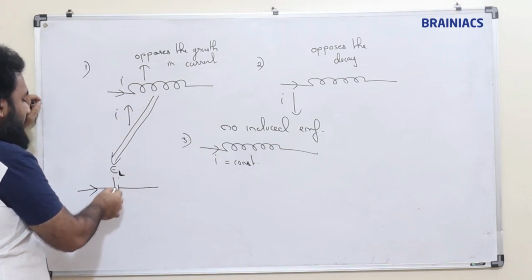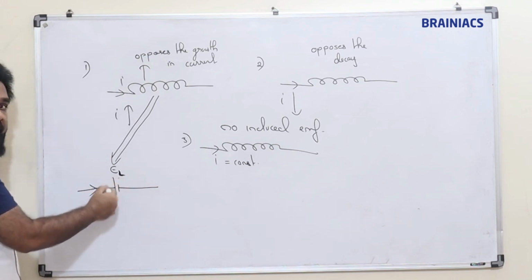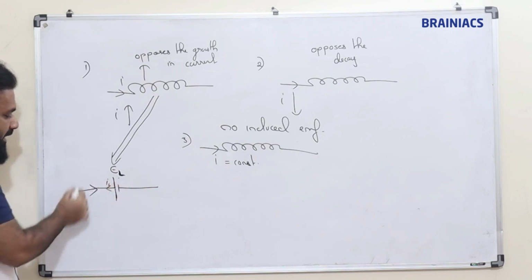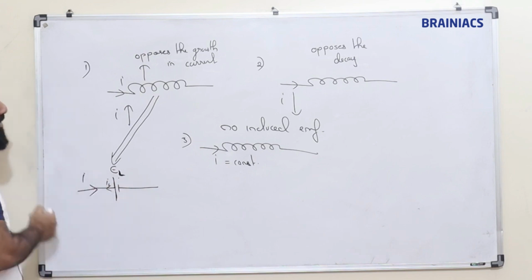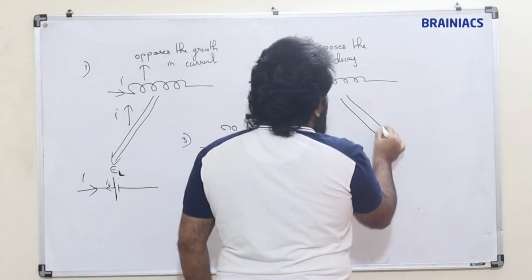That EMF will be in such a direction that its positive terminal will come here, so that the induced current will be flowing in the opposite direction. So this is opposition. Correct?